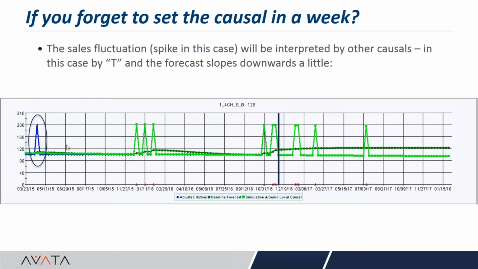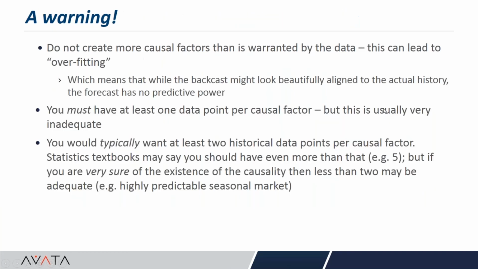In this case, it's going to be interpreted by the trend, that's the T causal factor, and therefore the whole forecast will downward slope a little bit, because it's no longer seeing that one as a spike that's anything to do with an event. It's just seeing it as part of an early increase in sales, which then causes the overall forecast to trend downwards, because it's seeing an increase earlier and a decrease later, if you like, and so an overall trend goes down.